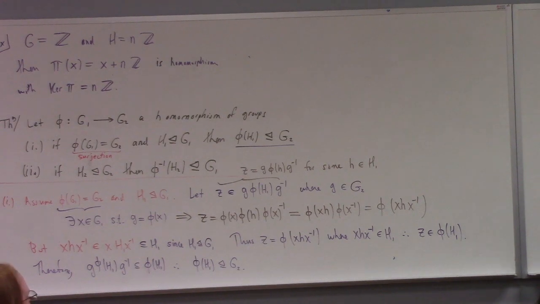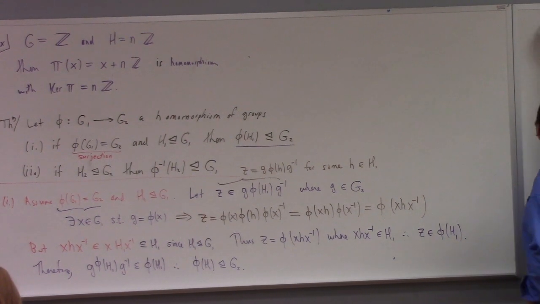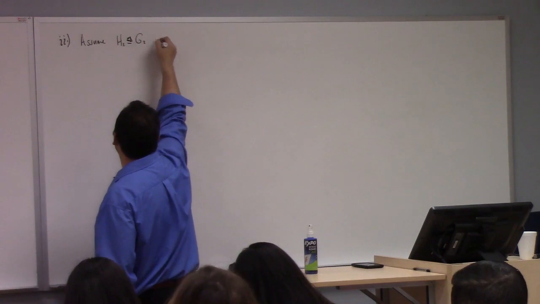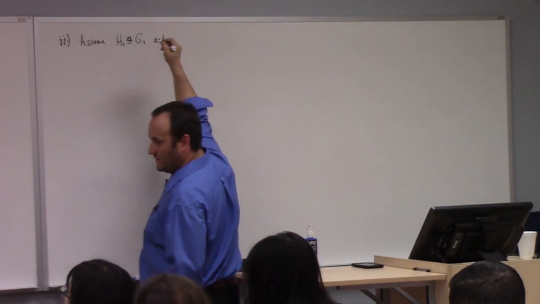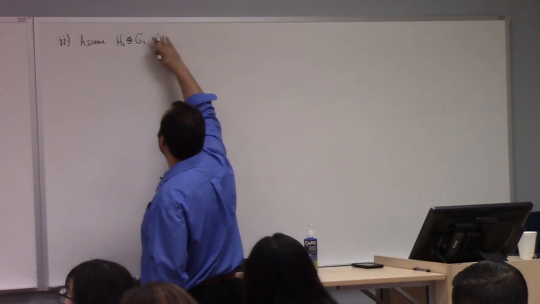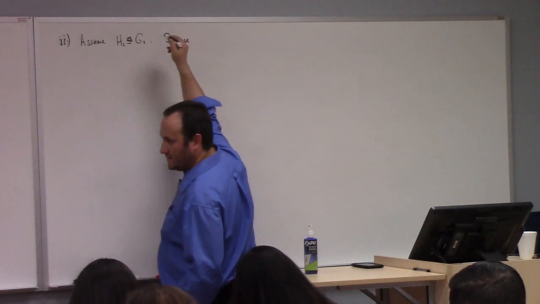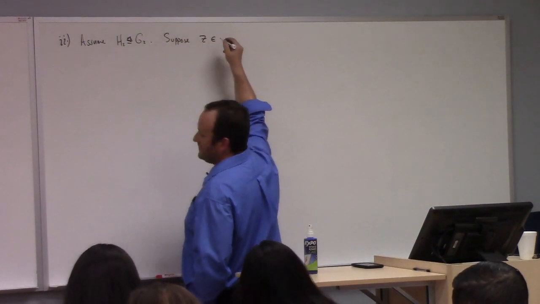Now, let's prove 2. The proof of 2, let's see here. We're going to assume what? That H2 is a normal subgroup of G2, and then suppose that Z is an element of what?